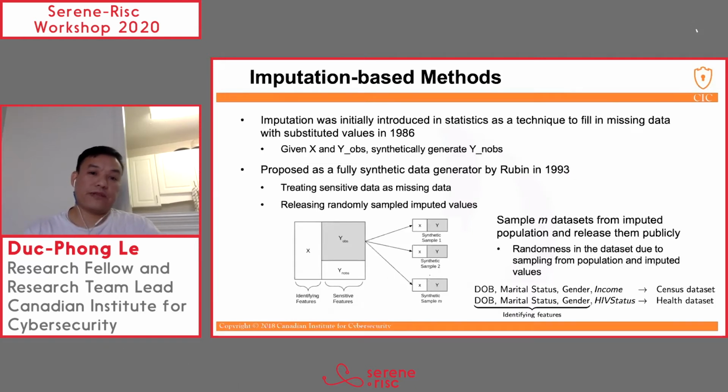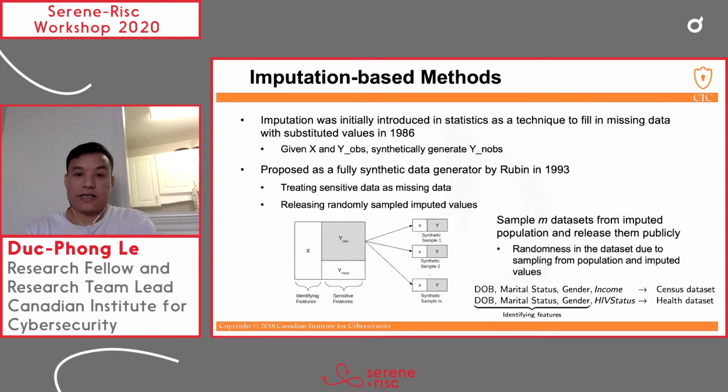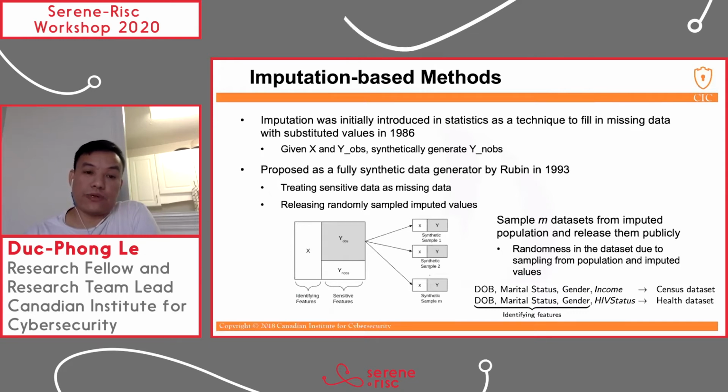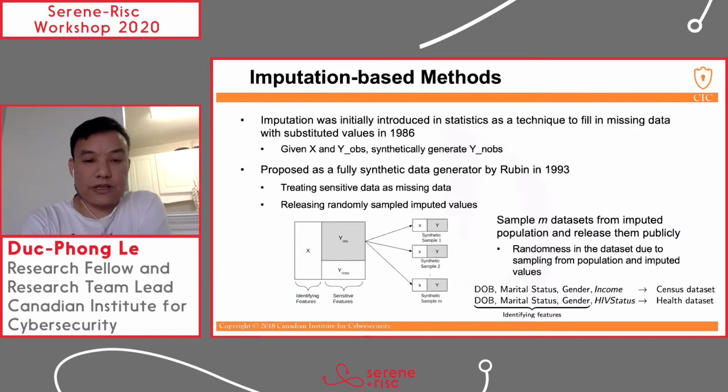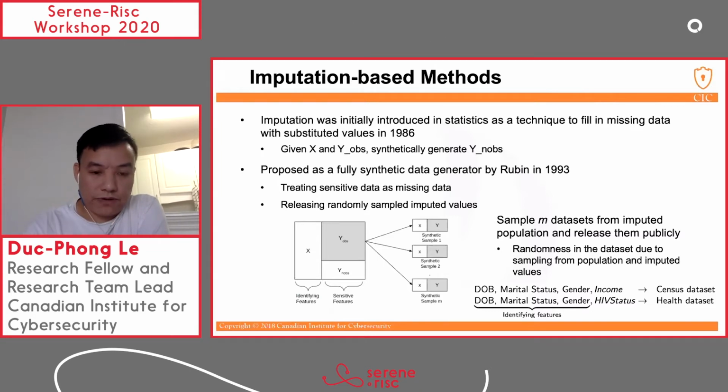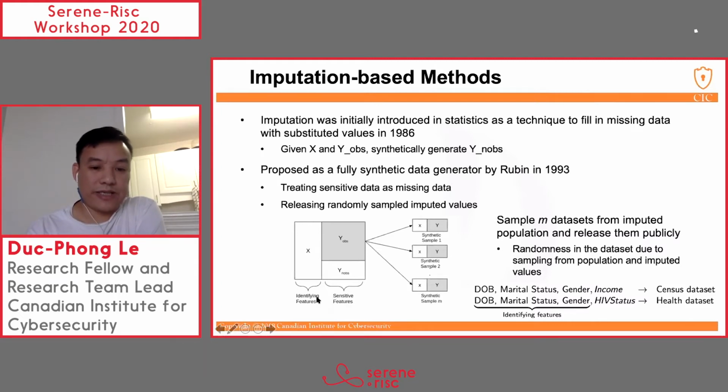Imputation methods were initially introduced in statistics as a means to fill in missing data. Then in 1993, it was proposed as a means to generate fully synthetic data. For this method, in one data set, we have two types of features: identifying and sensitive features.